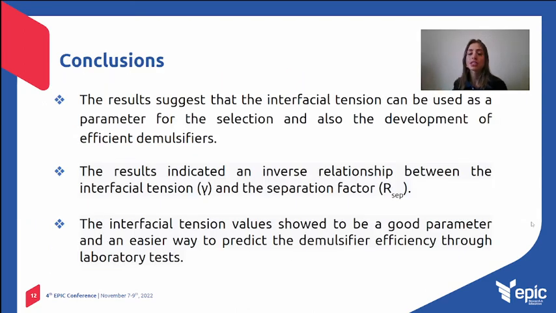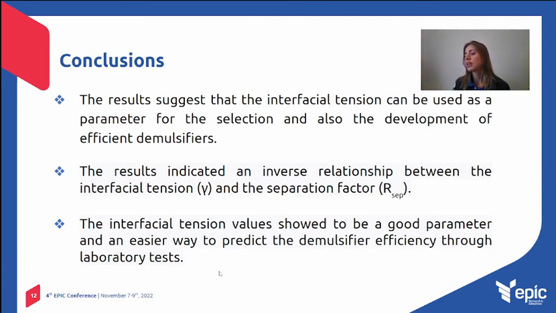Therefore, the conclusions. So the results suggest that the interfacial tension can be used as a parameter for the selection and also the development of efficient demulsifier. The results indicate an inverse relationship between the interfacial tension and separation factor, as we saw.